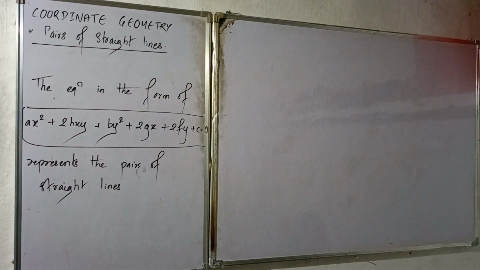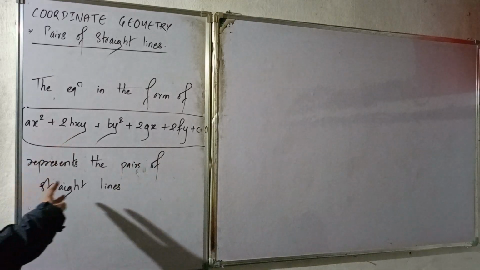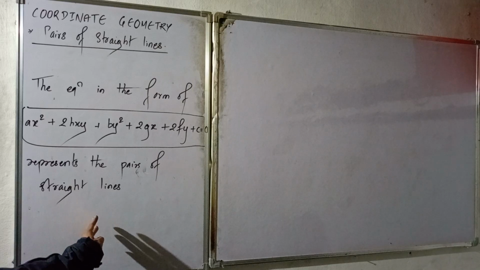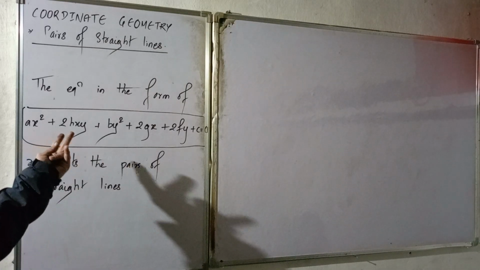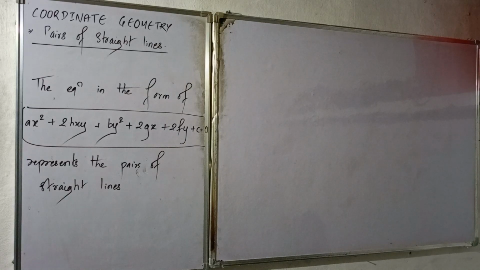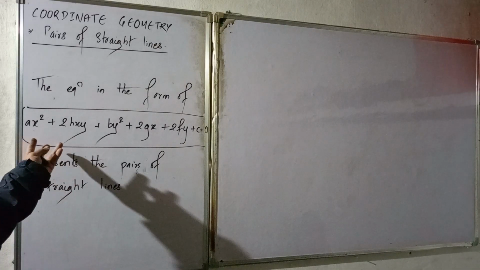This type of equation represents the pair of straight lines. When we go through the exercise it will be even more clear, so for now you just need to understand this.